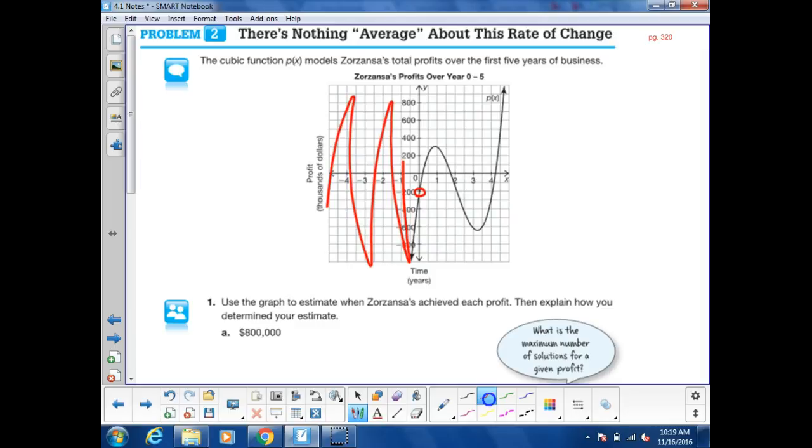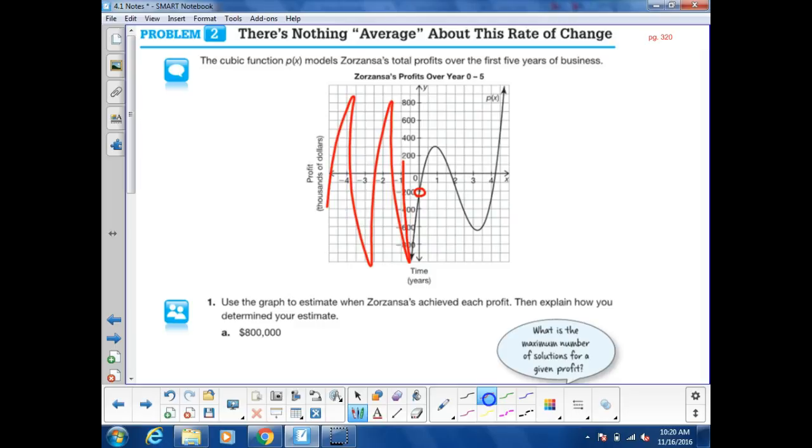Can Zorzanza Zen of Pizza lose money over a certain time frame? Yeah. Businesses lose money all the time, right? A new business comes in across the street, Rosati's opens, or the old Pizza Hut place just opens. That's going to steal some business from us over a certain amount of time.